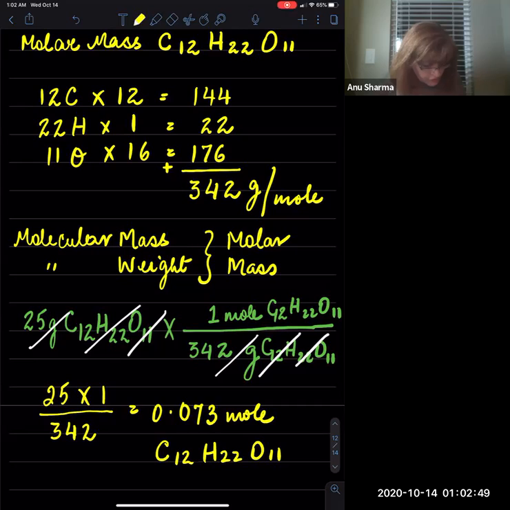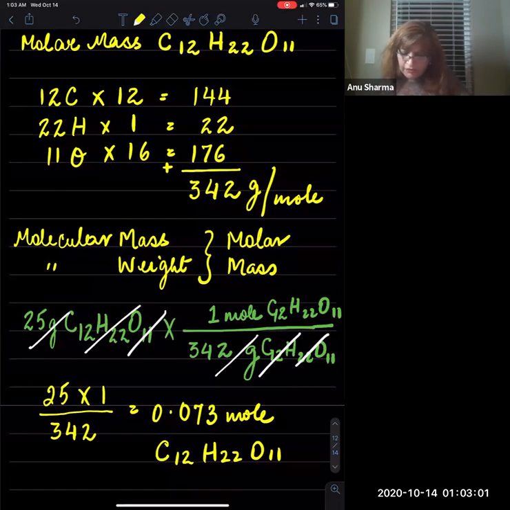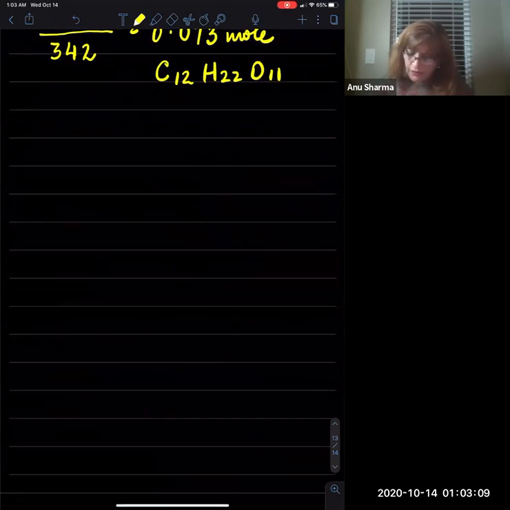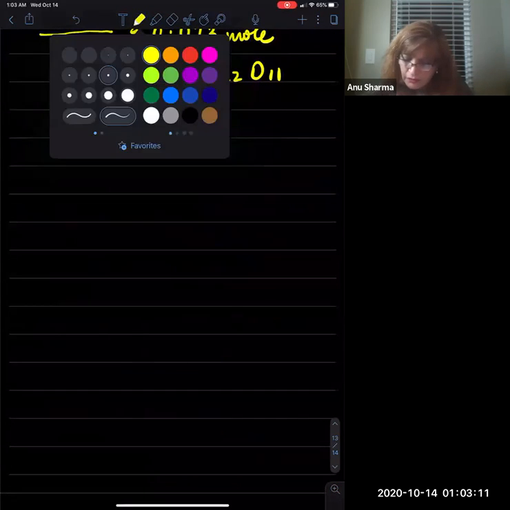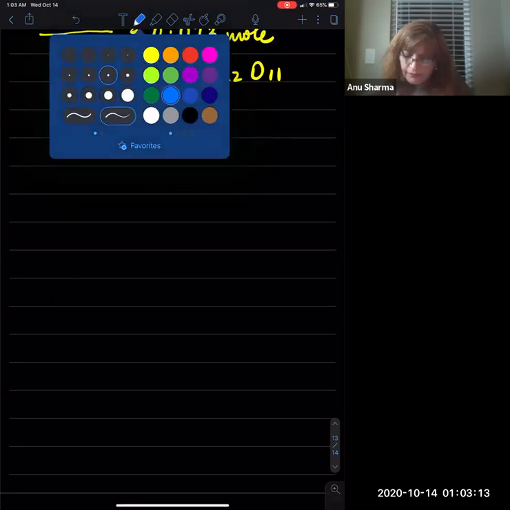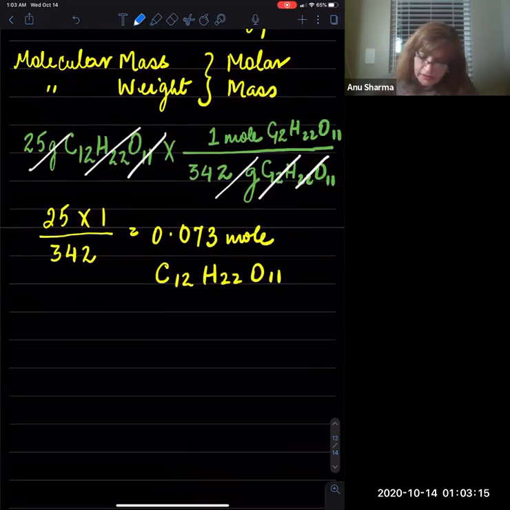We are going to look at the next example, which is of moles to grams conversion. So let us just do this one example. If you are given, let's say, the moles of, this is one example.